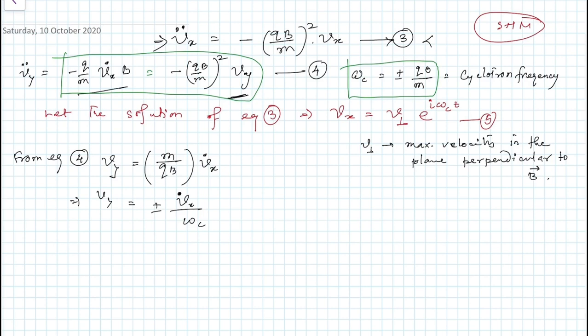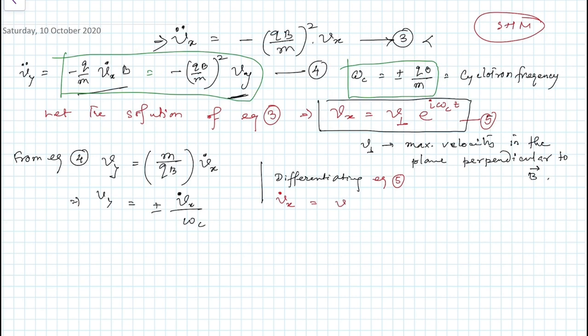Then again from equation number 5, if you differentiate equation number 5, we will get Vx dot is equal to V perpendicular i omega c e to the power i omega c t.